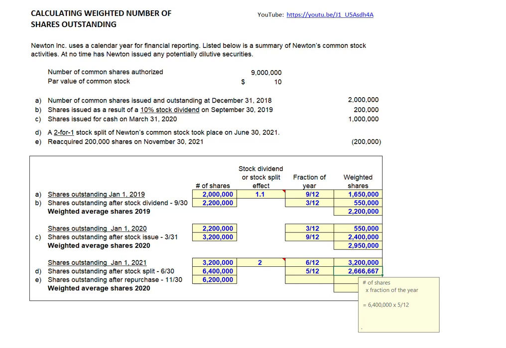The 6.2 million shares after our repurchase were outstanding just for the month of December, so we'll multiply that by 1/12 and have a weighted average shares for the final month of the year of 516,667 shares. Adding the three together, we get a total weighted average shares outstanding for the year of 6,383,333 shares.